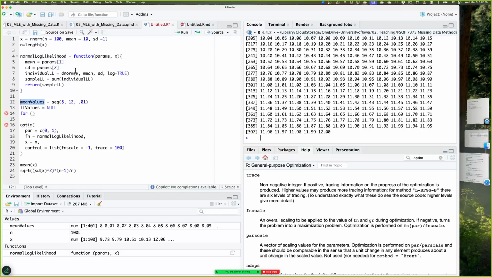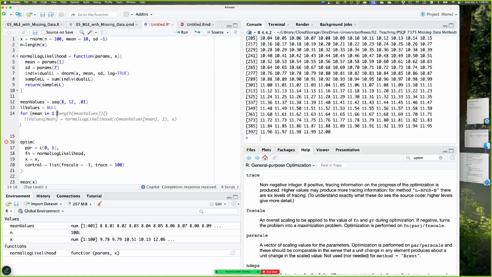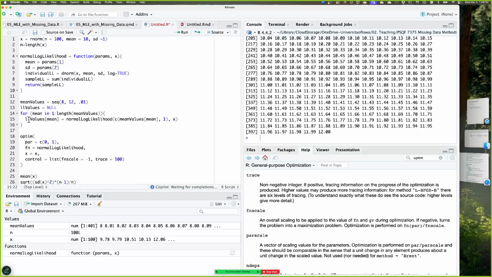So simply, I'm going to create LL values as a null object to save the values that I want. I'm going to say for mean in 1 through length of mean values, I'm going to then calculate the normal log likelihood for the mean, also with the standard deviation of 1.